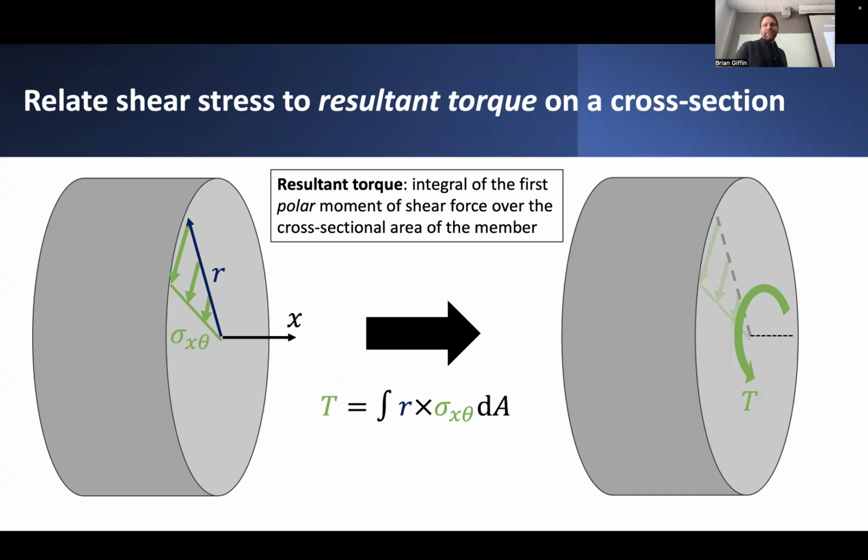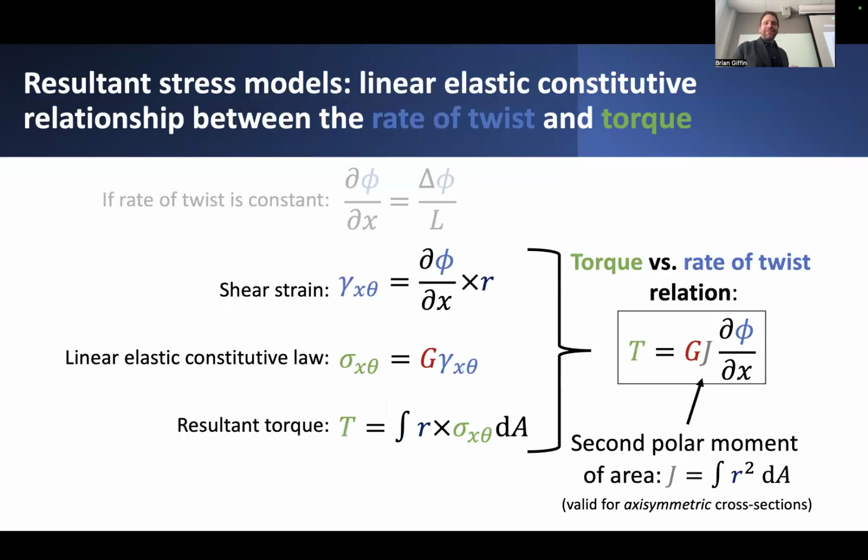So I can represent everything in terms of that big, long series of equations, or as I like to do in the case of beams, I can reduce everything down into a slightly simpler relationship that relates what I'll call the rate of twist, the partial derivative of the angle of twist as a function of axial position x.